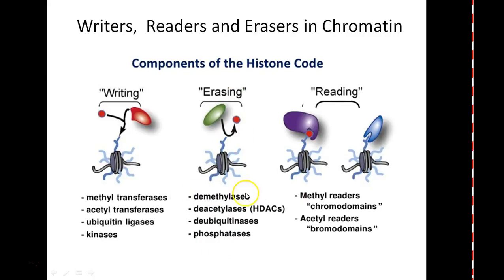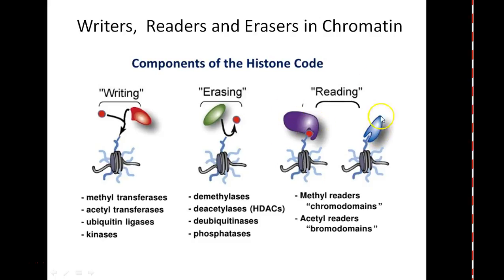So for methylation, we have demethylases, for acetylation, deacetylases, deubiquitinases, and phosphatases for the phosphate groups. And when we have different combinations of those modifications on the histone tails, this is a message for a different group of enzymes called readers.